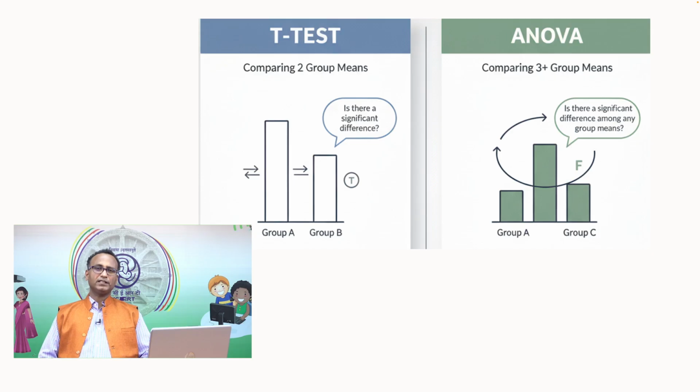The difference between the t-test and the F test is that in the t-test you can compare only two groups at a time, but in the F test or ANOVA you can compare more than two groups at a time. So, sometimes people say ANOVA extends the t-test by comparing means across 3 or more groups.